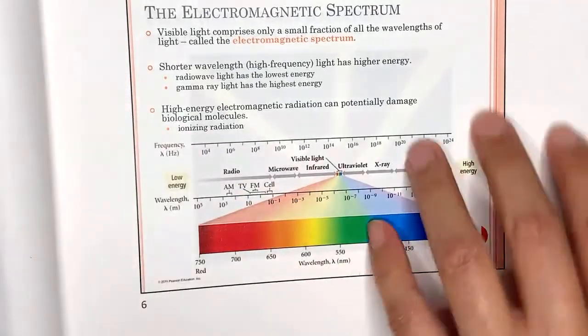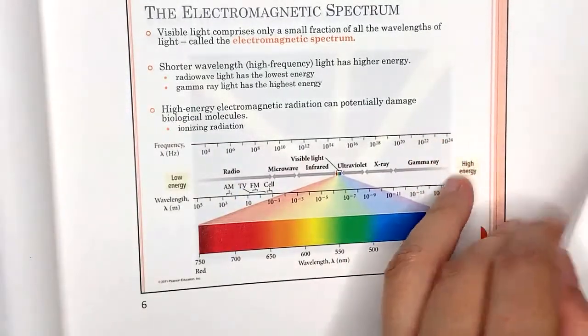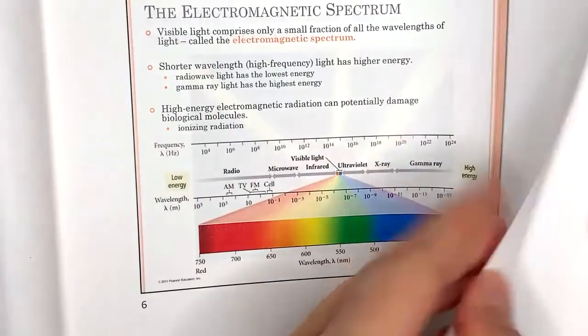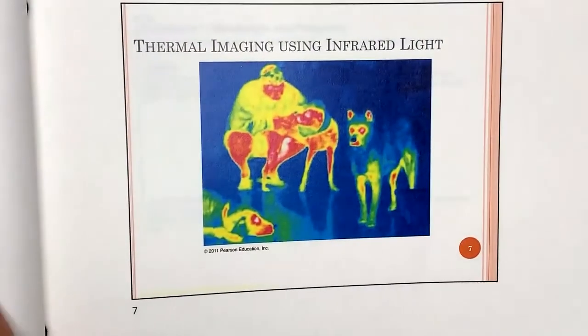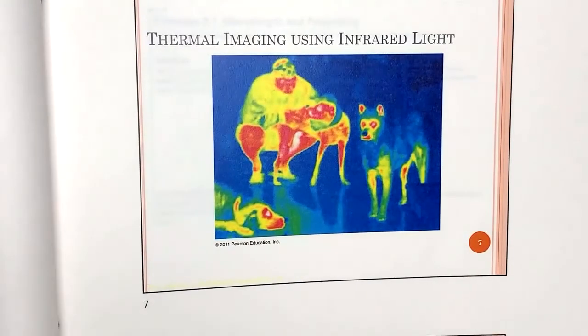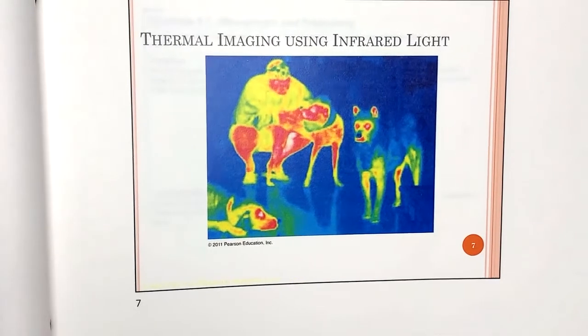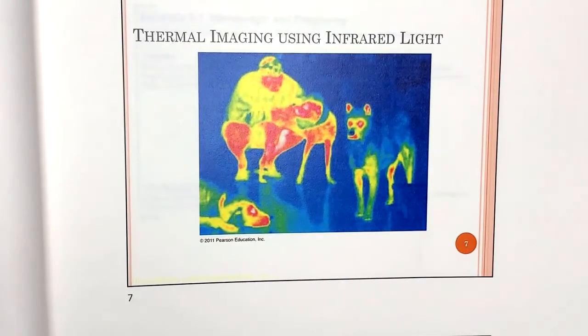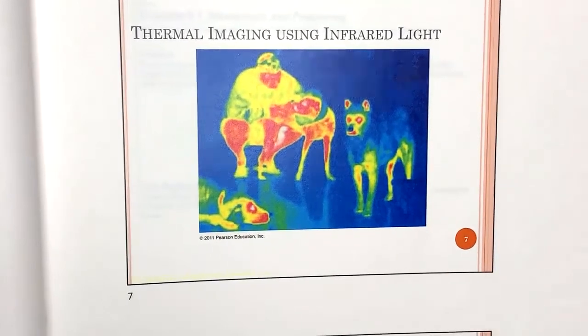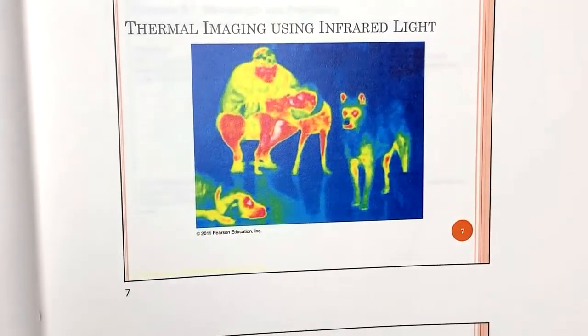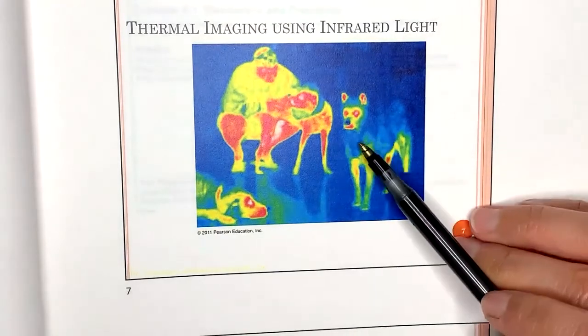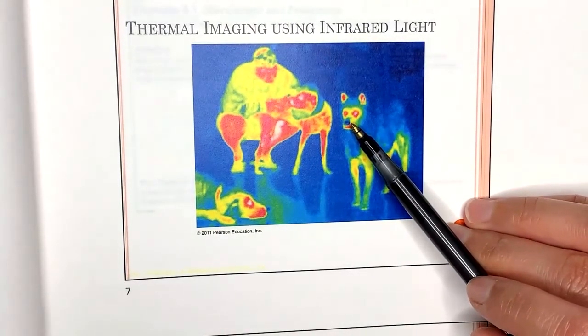I'll show you some pictures here. Infrared is used for thermal imaging. Things that are hot and cold emit certain kinds of infrared light, and you can see, like, the nose on the dog is blue, so it's colder.